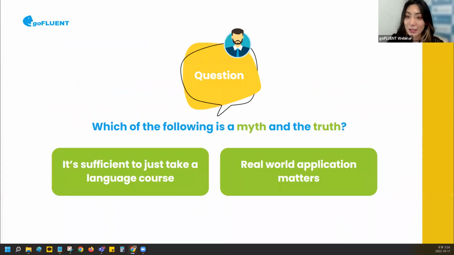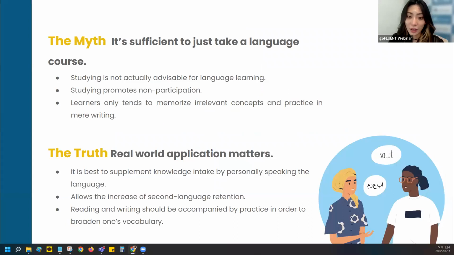So today, let's figure out which of the following is a myth and which is the truth. Question: is it sufficient to just take a language course, or does real-world application matter? It is a myth that it's sufficient to just take a language course. Studying is very different from applying.